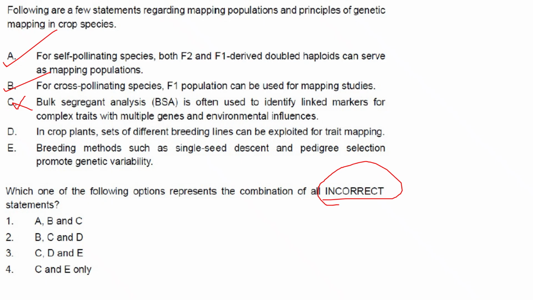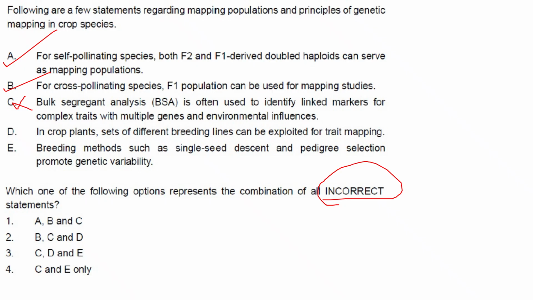Then you perform high throughput sequencing and search for genetic markers which are more frequent in a bulk.